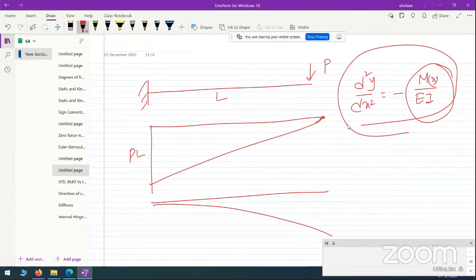Suppose I apply a moment at a joint, then that moment will be shared by all the members connected to the joint. But then we should be able to assess or visualize how this moment gets distributed in different members. So the concept of moment distribution will help you to do so. The purpose has been to set the platform where you can learn more sophisticated, more advanced techniques for structural analysis.